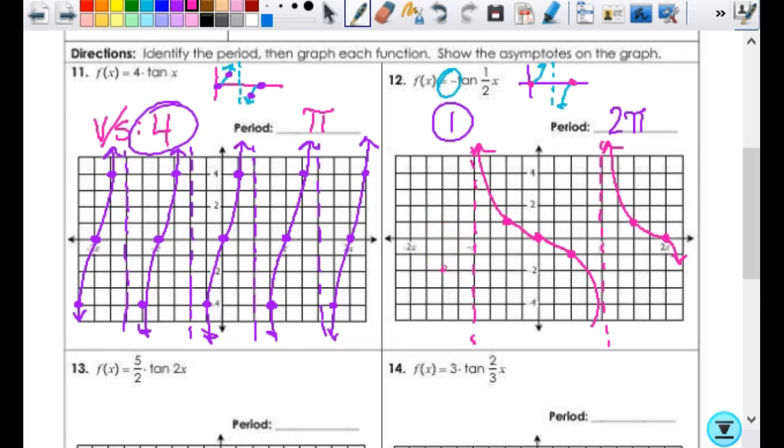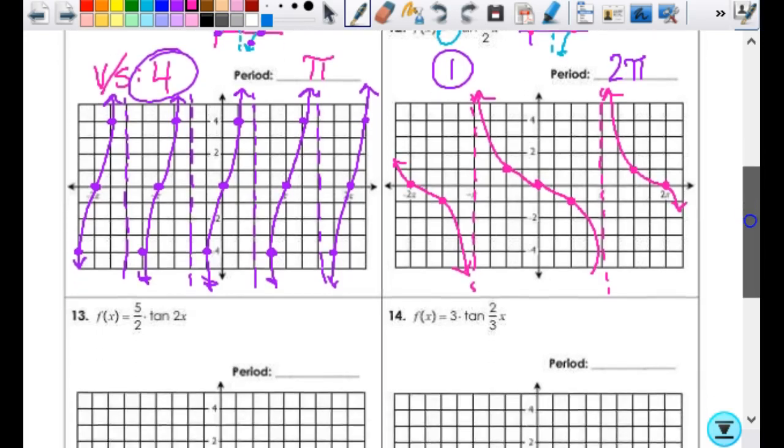Oh, that's a negative 2. Dang it. Come on. Negative 1. And then I'm here. So it looks like this. Okay. Everybody good so far? My period, the distance between two asymptotes is 2 pi, or the distance between two x-intercepts is 2 pi. Okay. We good? Questions?